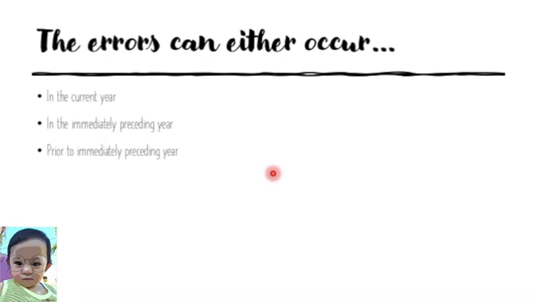The errors can either occur in the current year and be discovered in the current year, in the immediately preceding year, meaning the error was made in that year and discovered in the subsequent year, or errors can also occur prior to the immediately preceding year.